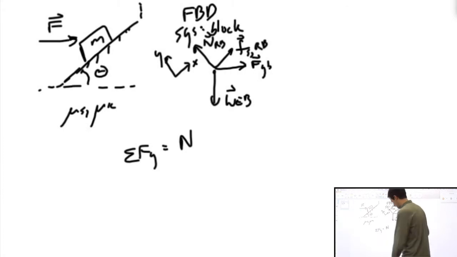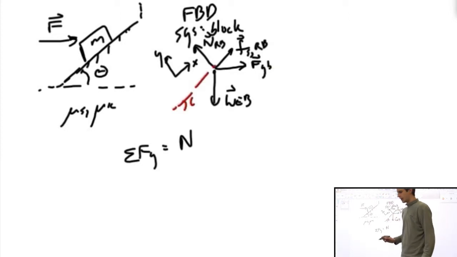So what I'm going to do is draw a little ramp onto the background of this picture. I know that this angle right here is theta, because this is just the ramp that I've drawn on, and I know the friction points along the ramp. And right here I've got an angle that I'll call phi. Phi and theta, since they're members of this triangle, have to add up to 90.